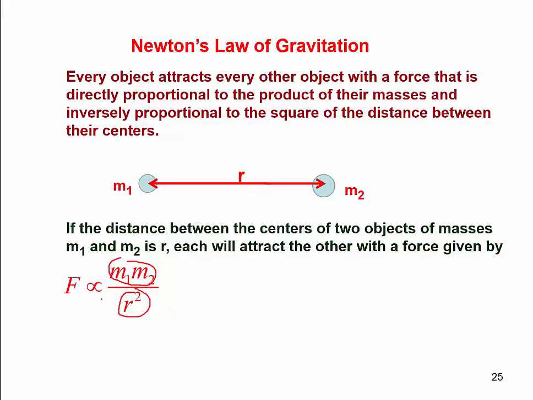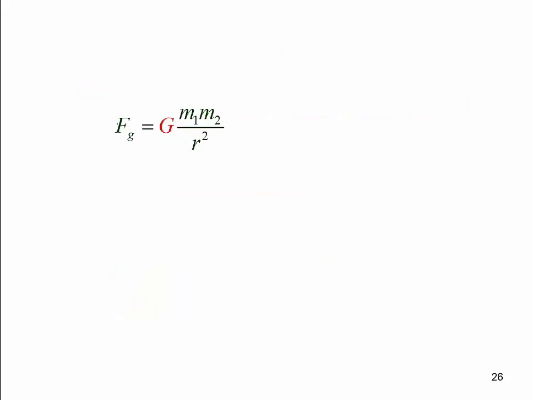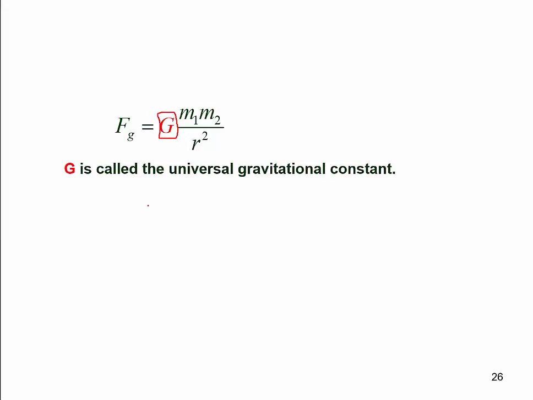Now, when you write this as an equation, it will look like this. Force of gravity between two objects is a constant times this. This constant is called the universal gravitational constant. So Fg, force of gravity, equals G m1 m2 divided by r squared, and G is called the universal gravitational constant.